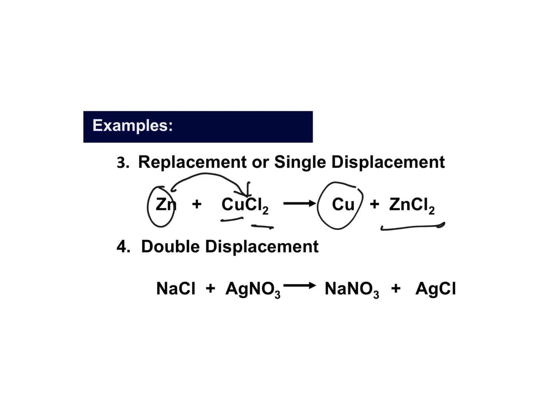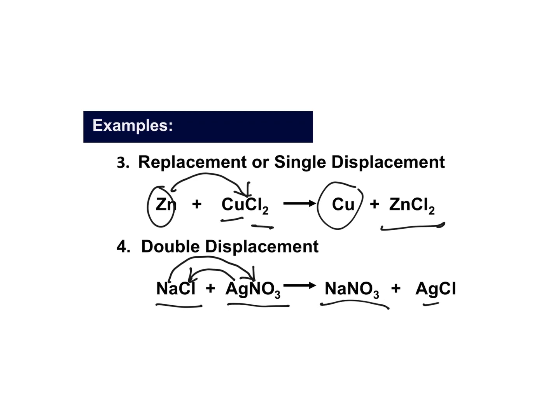All right. For the double displacement, for example, sodium chloride and AgNO3. Of course, what we have learned earlier, Na will combine with NO3, and Cl will combine with Ag.